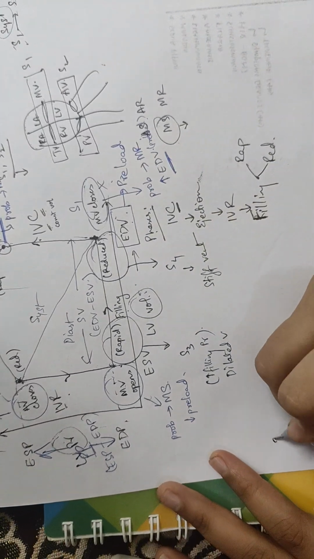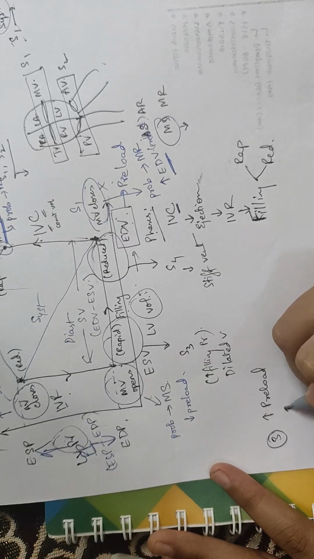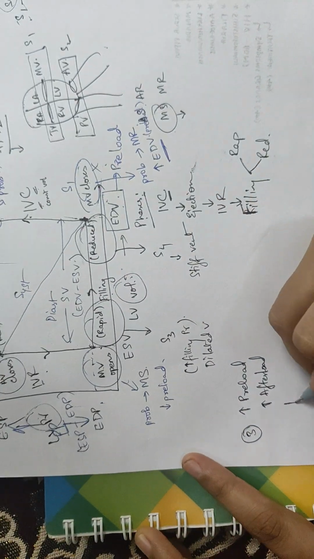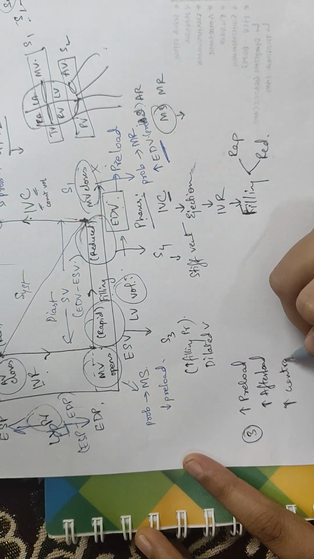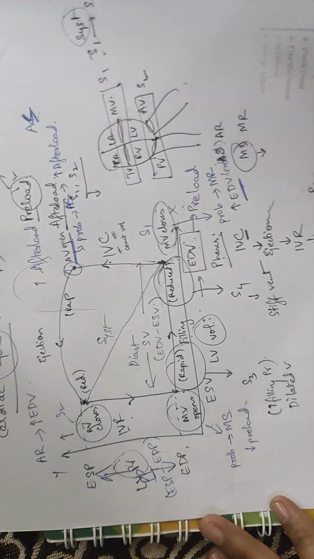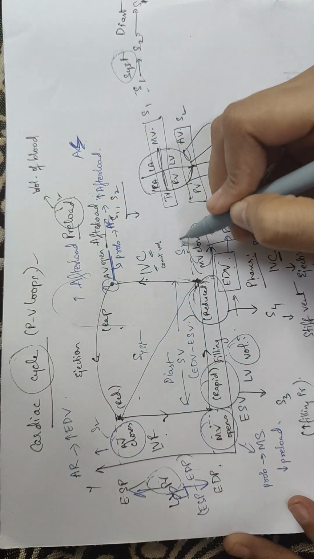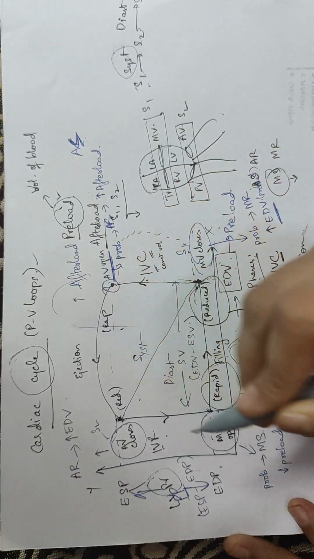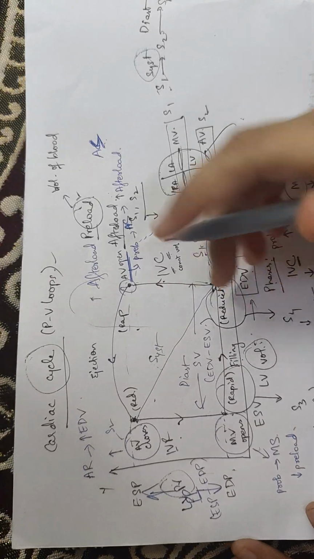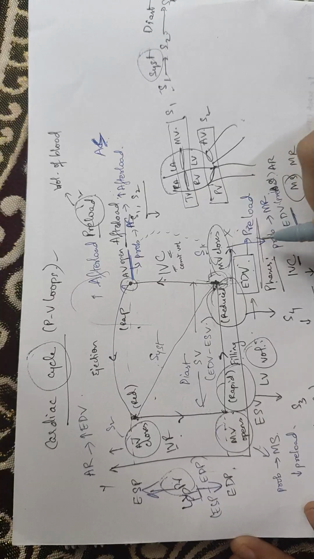Now they'll give you 3 scenarios, that is increased preload, increased afterload, and increased contractility. So what happens to the cycle during these 3 phases? So when your preload keeps increasing, your cycle keeps shifting here. Okay, so you will have it like this, the cycle keeps shifting here. When your afterload keeps increasing, so preload is this point, correct, and end diastolic volume was preload.